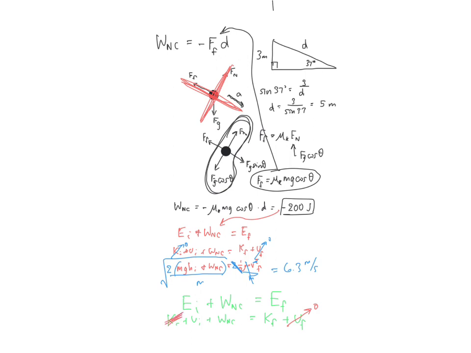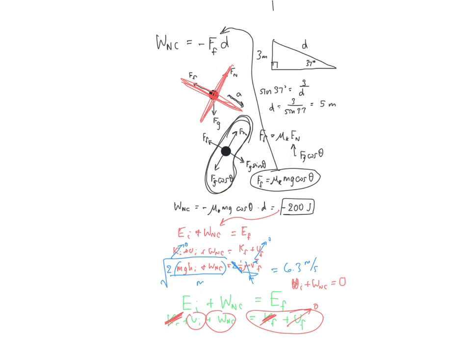So I'll just cross it off. Remember, we're saying it's not going to go to 0, though. And what that shows you now, with what's left, is U initial plus W_NC equals, well, there's nothing left over here, so it's 0. So U initial plus W_NC equals 0.